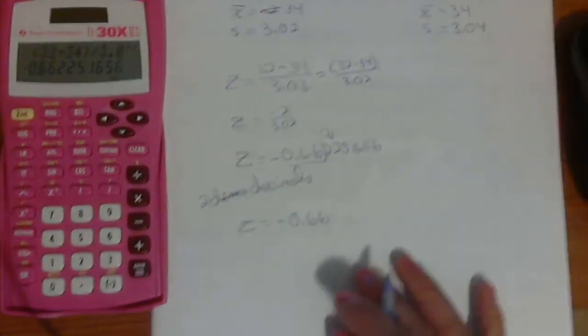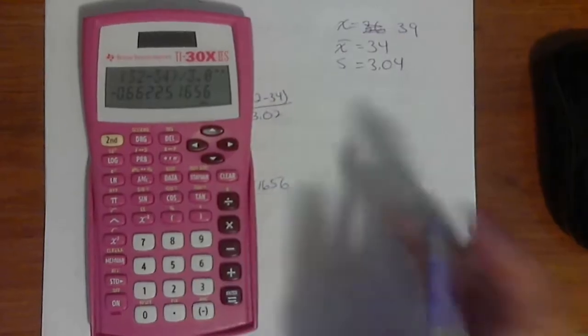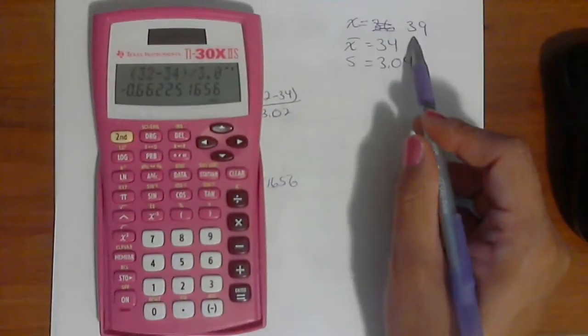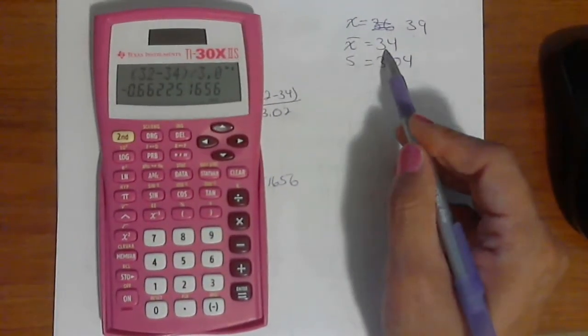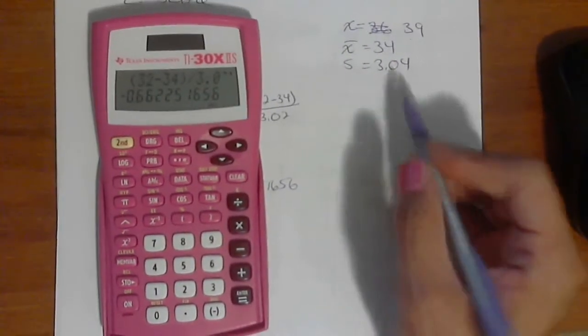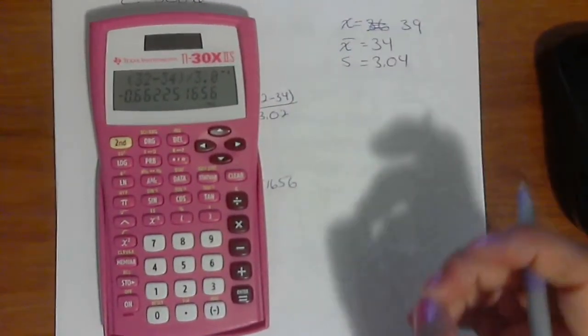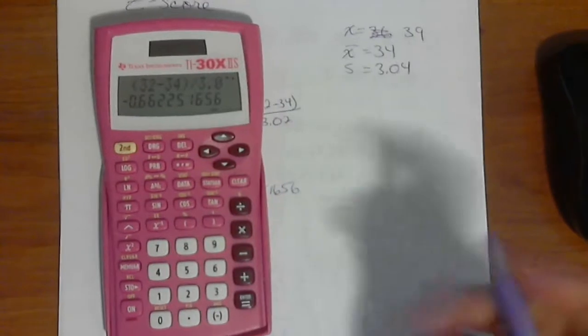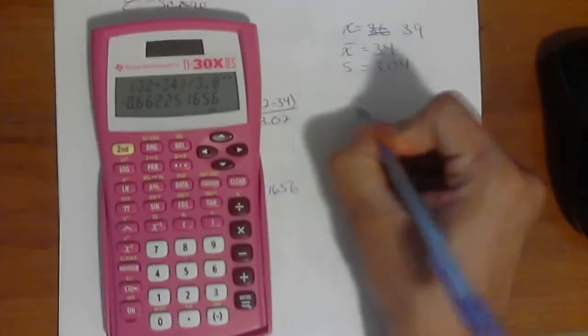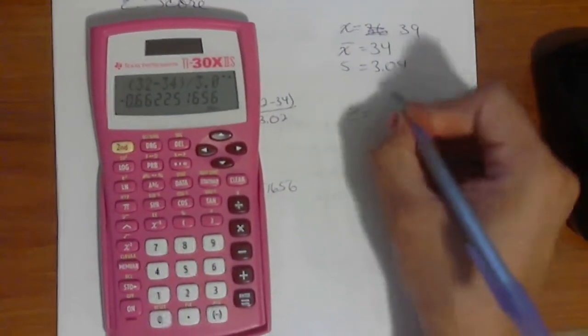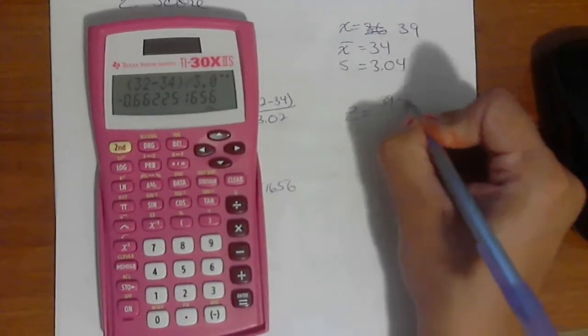Okay? Now let's look at the second example that I have written here, where our data value is 39, our mean is 34, and our sample standard deviation is 3.04. So same mean and same standard deviation, just a different data value. So my z-score is going to be 39 minus 34.